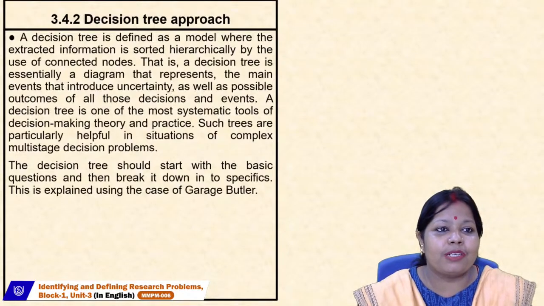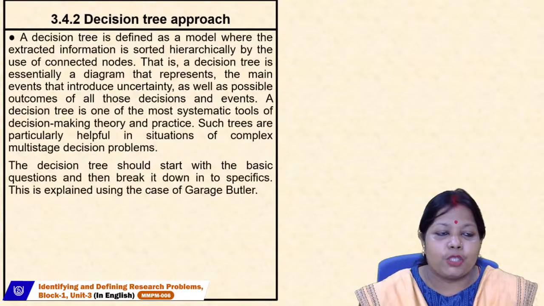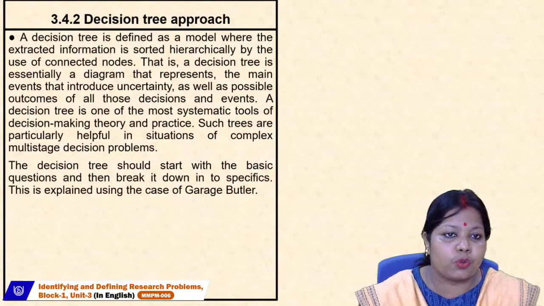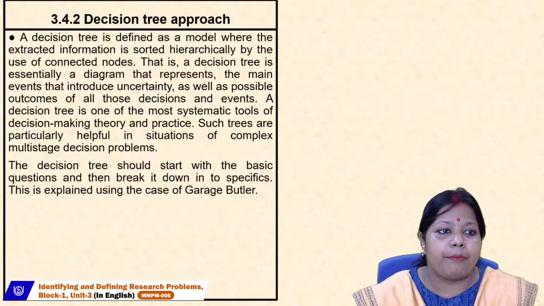The second approach was 3.4.2, the decision tree approach. It says a decision tree is defined as a model where the extracted information is stored and sorted hierarchically, or you can say according to priority, by use of connected nodes.